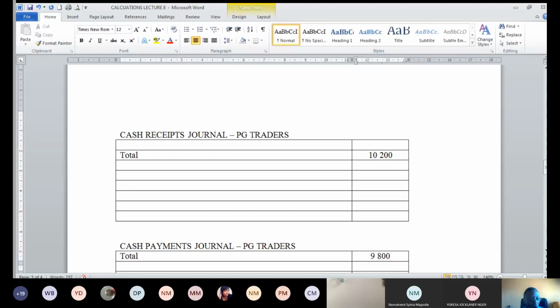Now, just go back to last month's information, guys. Last month, you will see there is a 5,000 Rand that they speak about, credit outstanding deposits. Now, that deposit was outstanding on the 31st of December, last month.